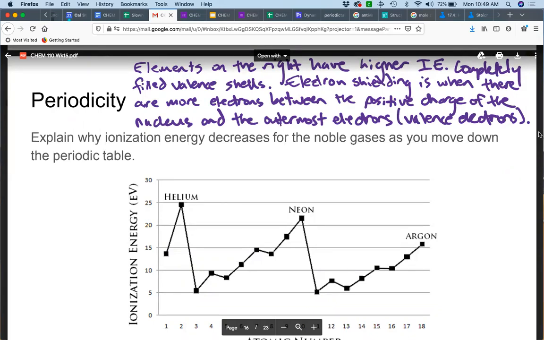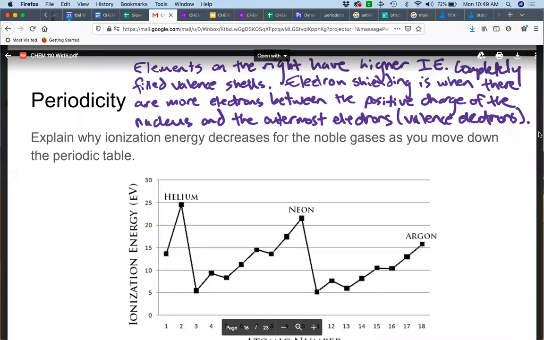If we think then about neon, neon has 2 subshells: the first, which holds 2 electrons, and the second, which holds 8 electrons. So there are only 2 electrons between the outermost, or valence, electrons of neon, those 8 in the second subshell, and the nucleus.